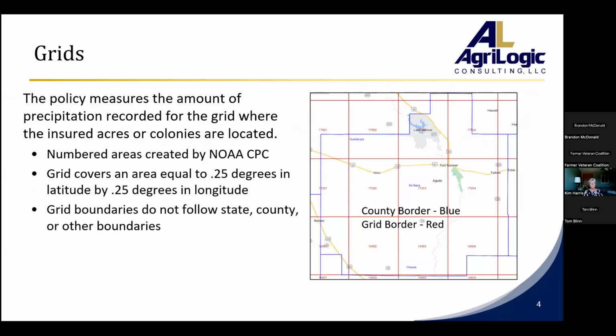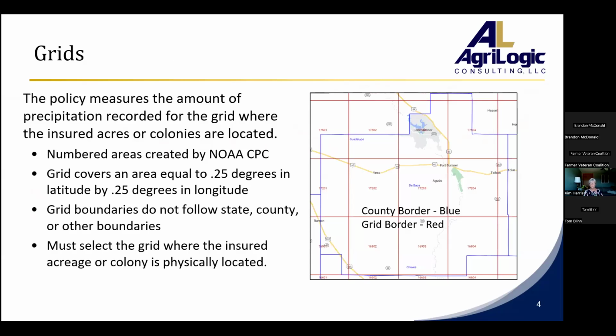In this picture, the red lines are the NOAA grids and the blue line is the county border. As you can tell, there are multiple grids and partial grids within a county, so it doesn't necessarily follow your county lines. You have to select the grid where your insured acreage or colony is physically located. That will be the first part of the policy, determining which grid you're looking at as far as measuring rainfall.